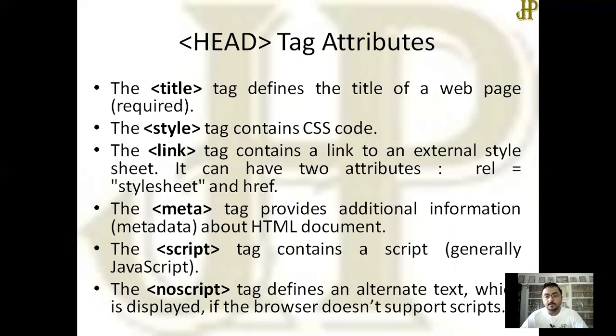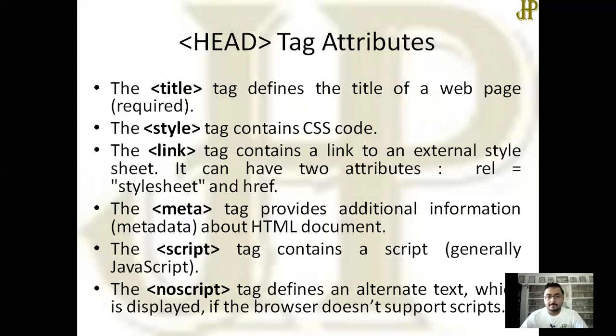You will learn this in upcoming videos. Don't worry about that. So if we want to import some styling with the help of CSS, then the style tag should be used, and that should be kept under the head tag.